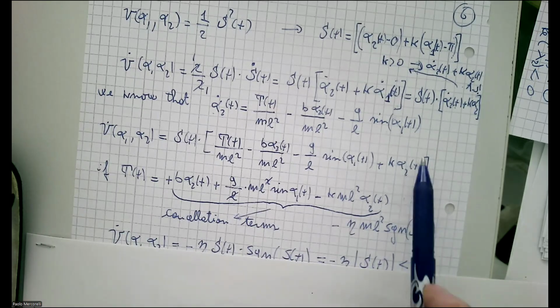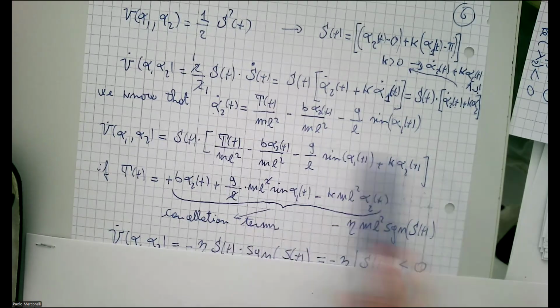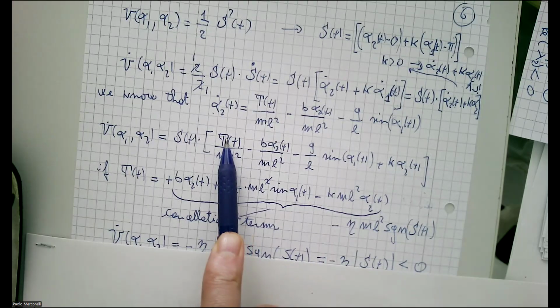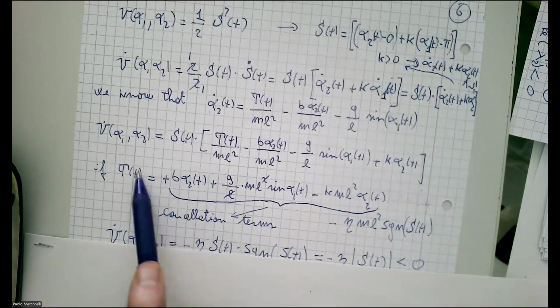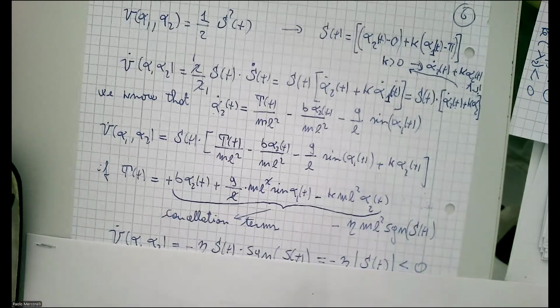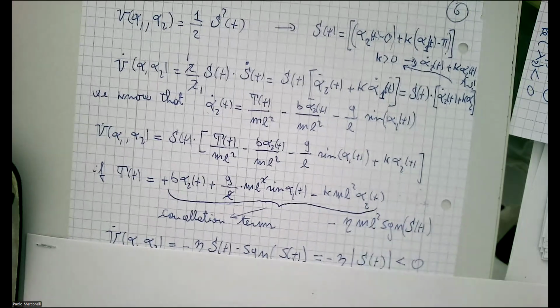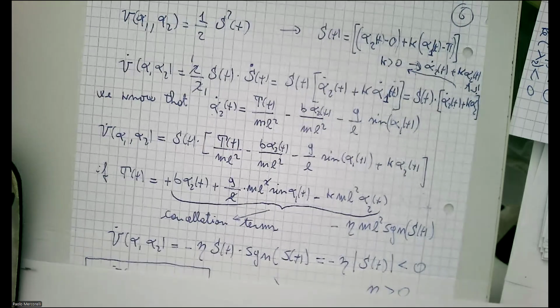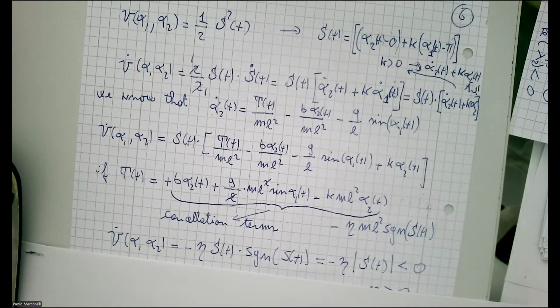I try to impose zero on this expression using a suitable t, which guarantees the zero. This is not enough because it must be negative, so I will add this element here. The idea is always the same; we have seen it 2 or 3 times. With this element here, we obtain this final condition.